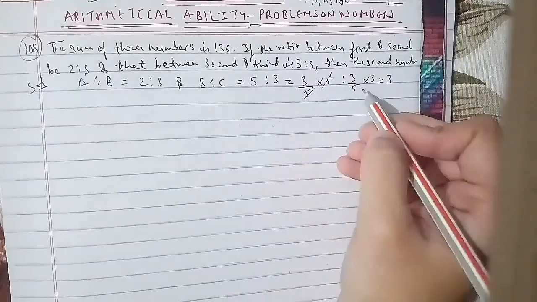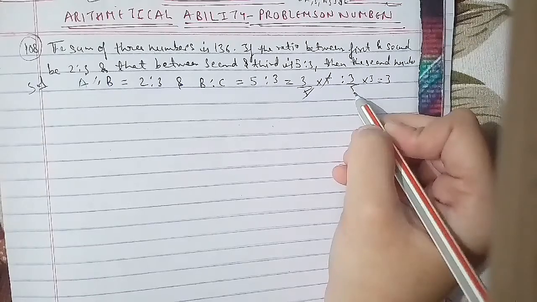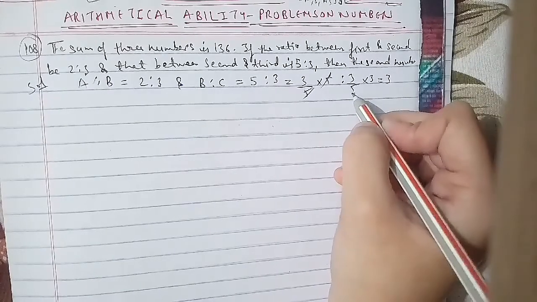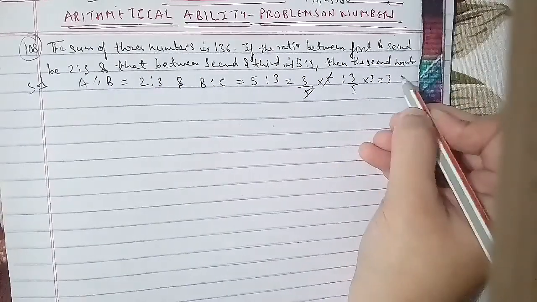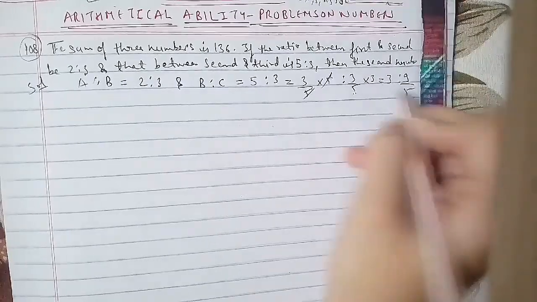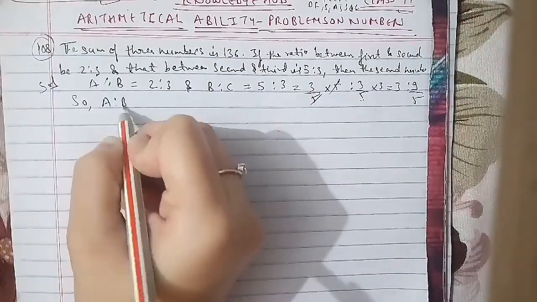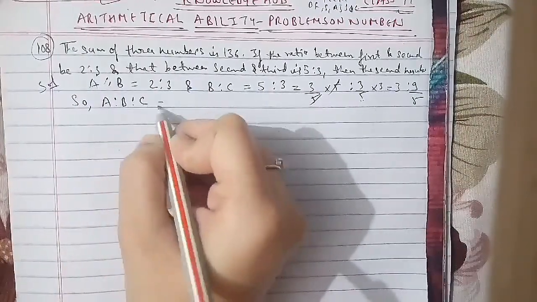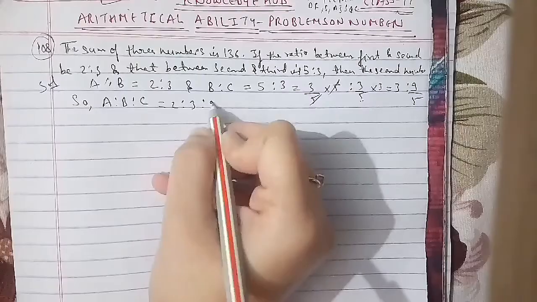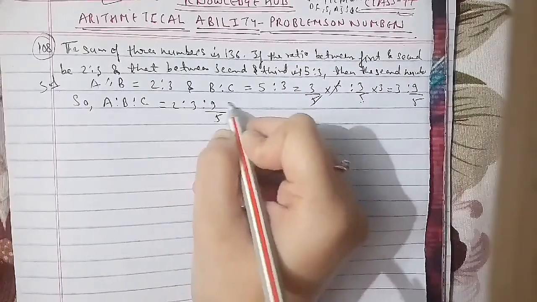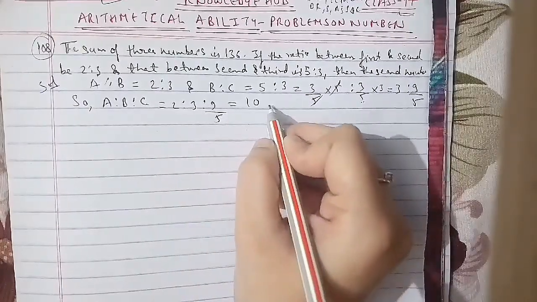So we have the ratio 9/5. So A:B:C equals 2:3:9/5, that is equal to 10:15:9, since 5 twos are 10, 5 threes are 15, and 9 itself.